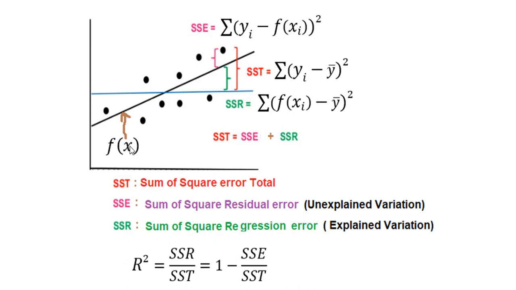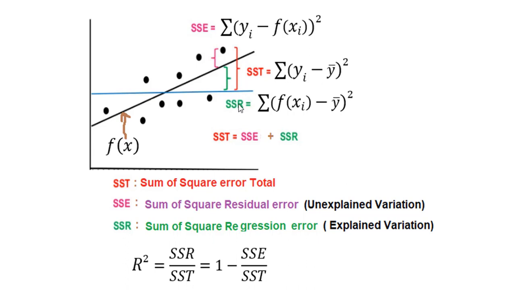Suppose this f of x is the regression line. So we have SSE equals the sum of original data minus the expected data, squared.